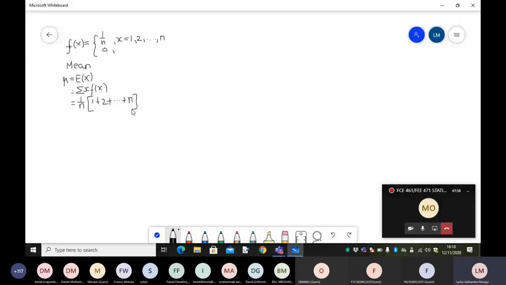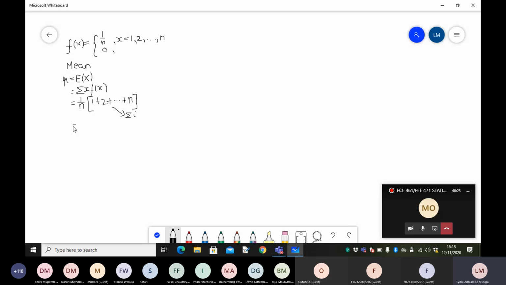And remember how we handled 1 plus 2 plus many other values up to n, which was of the form of summation. Remember when we talked about summation of i, where i is from 1 up to n, and we made a substitution.